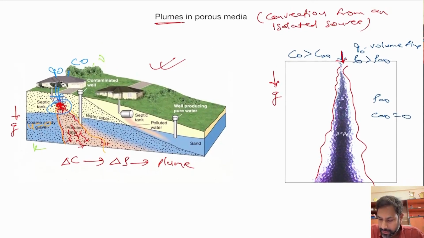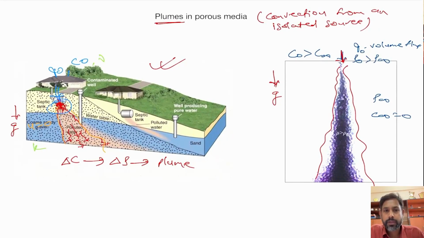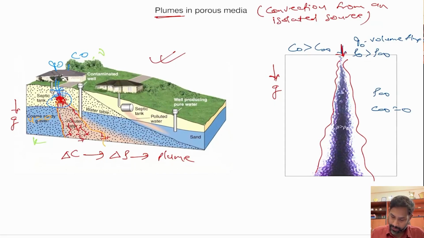Okay, so this kind of analysis is very important when we consider groundwater flow, because it tells us how much contamination could happen based on some leakage at a particular source. And if you see, there are some wells. For example, this is the plume, and there is a well here, right? That's a well, this is a well.